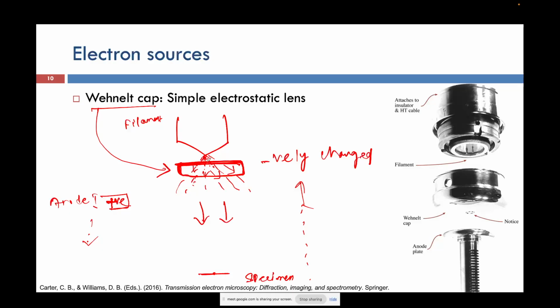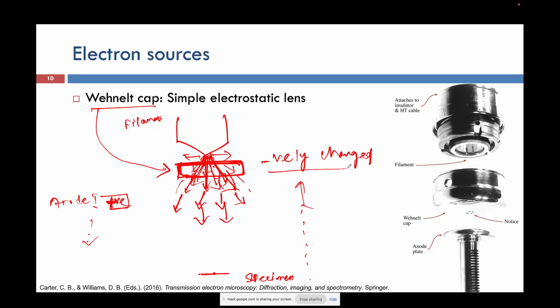Already the electrons are coming out, and once they come out, a strong anode is there to pull them in this direction. The only thing I need to do now is change the direction, to give them directionality. To go from all random directions, this Wehnelt cap creates less divergence for the electron beam.